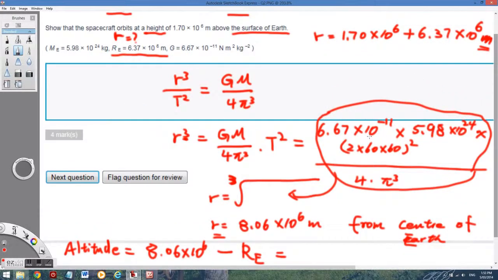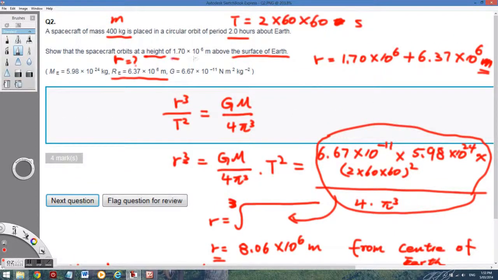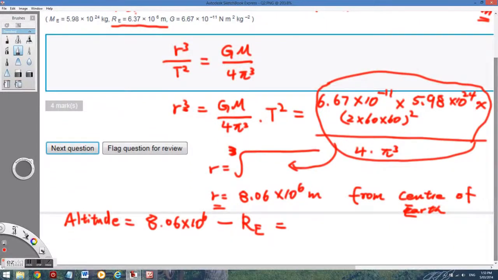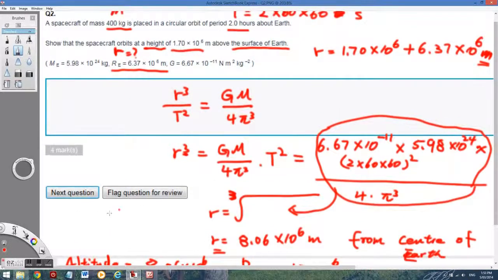Then you should have this value here, 1.7 times 10 to the power of 6 meters.